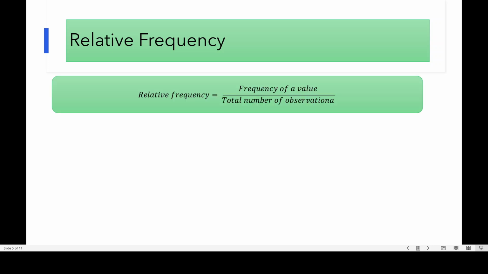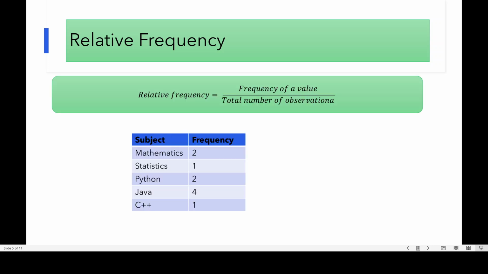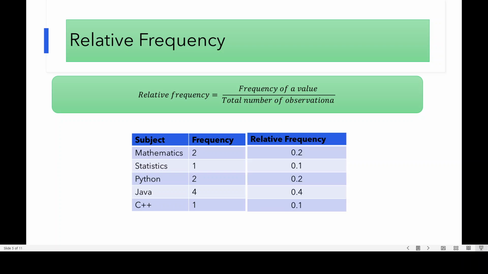Relative frequency. Relative frequency primarily refers to the proportion or percentage of the total observations that a particular value or category represents: how often something happens divided by the total number. Here is the same previous table of subjects and registered students. Total, there are 10 students.